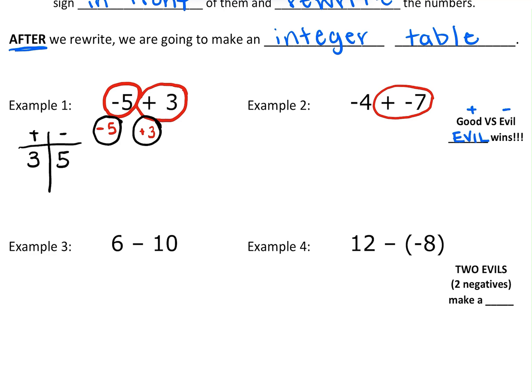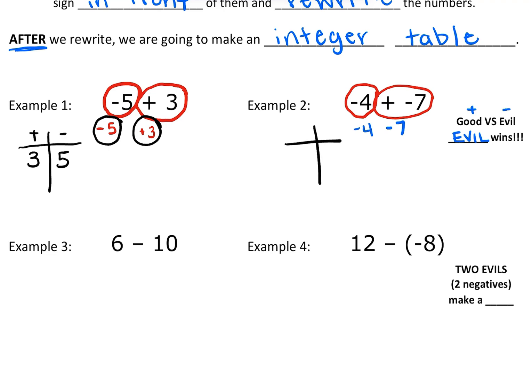So we are not going to write positive -7. Evil wins, so this is really a -7. That's why we rewrite it, so we don't get confused with both symbols. And then I can circle this, and there is no change. It's just a -4. So now I have a -4 and a -7.